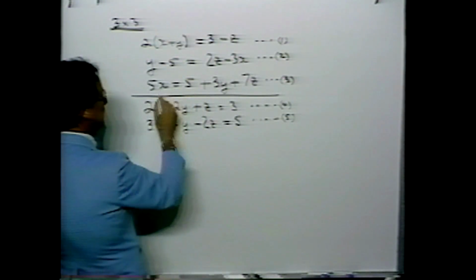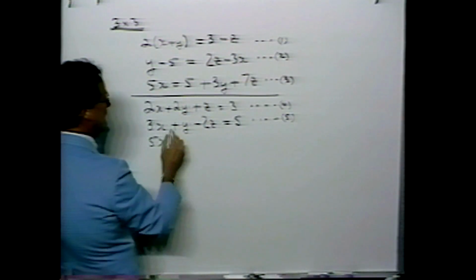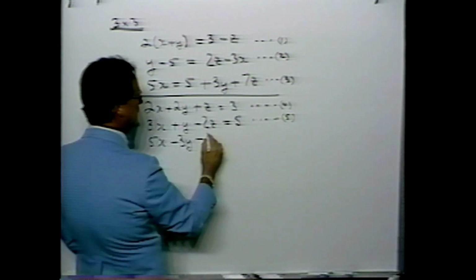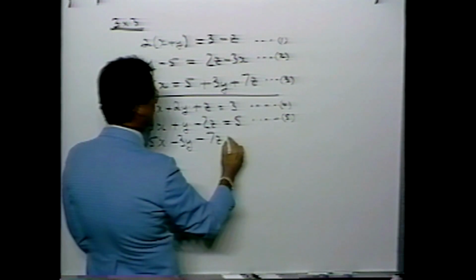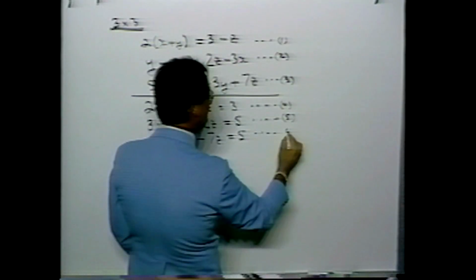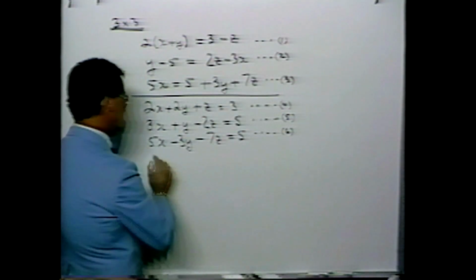In the last one, we have 5x minus 3y minus 7z equals 5, and that is equation 6.